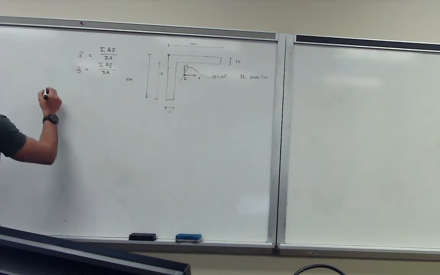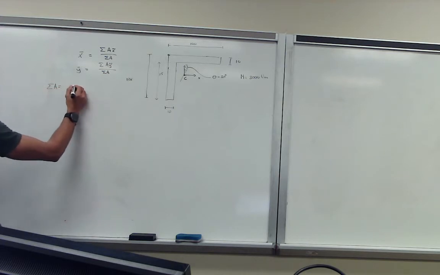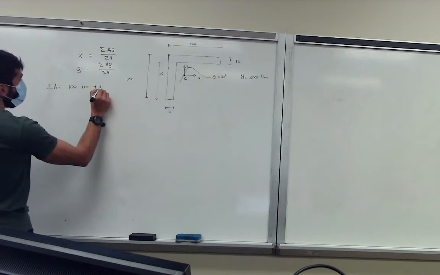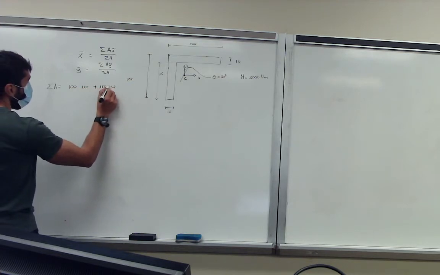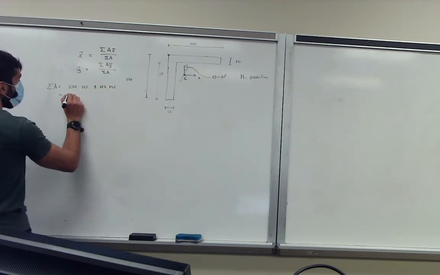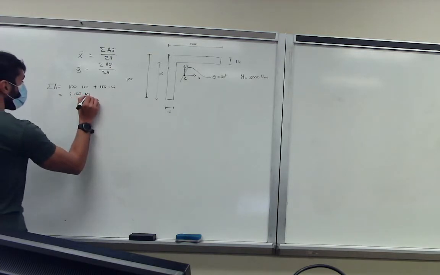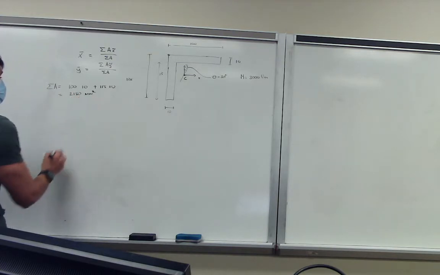So the total area, the summation of area, is nothing else than 100 times 10 plus 115 times 10, which is 2,150 millimeters squared.